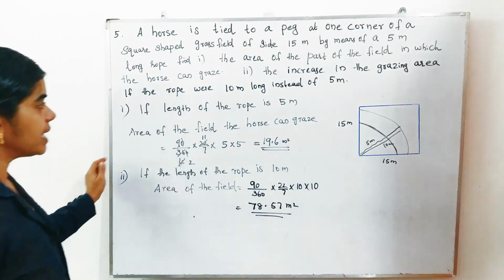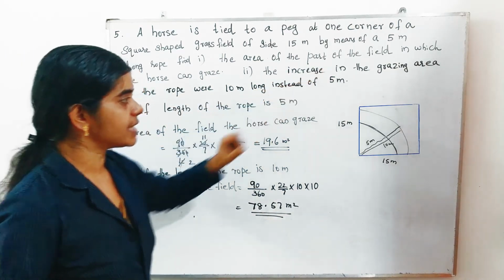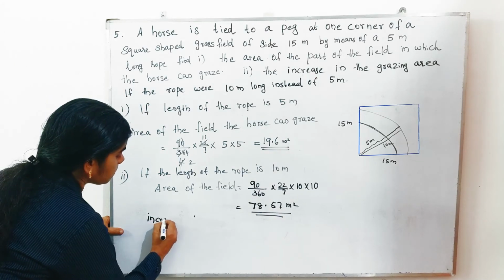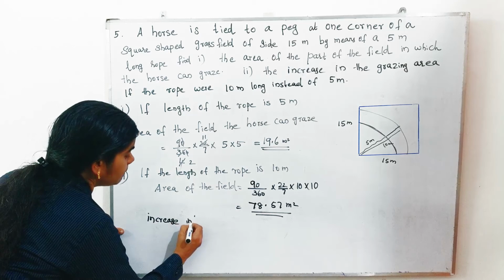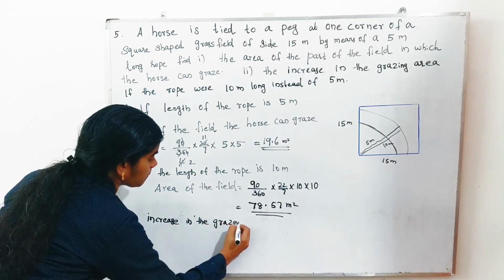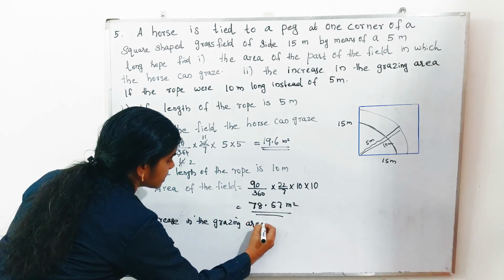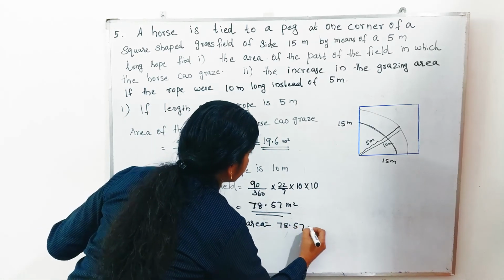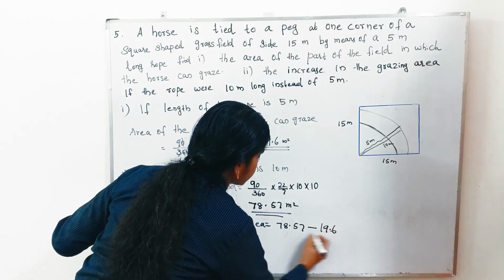Then the increase in the grazing area, that also you want to find out. Increase in the grazing area equals 78.57 minus 19.6.